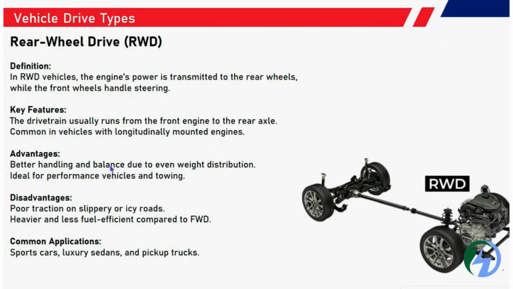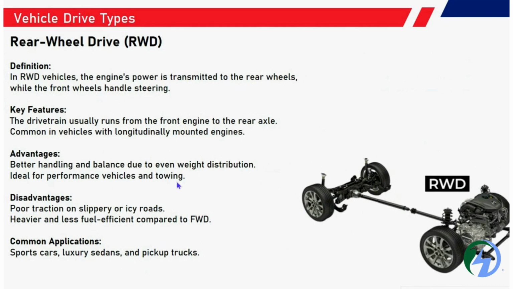It is better for handling and weight distribution between the front and rear. The disadvantage is poor traction on slippery or icy roads. We cannot use it on icy roads or in slippery conditions, and it is heavier and less fuel efficient compared to FWD. Common applications are sports cars, luxury sedans and pickup trucks.